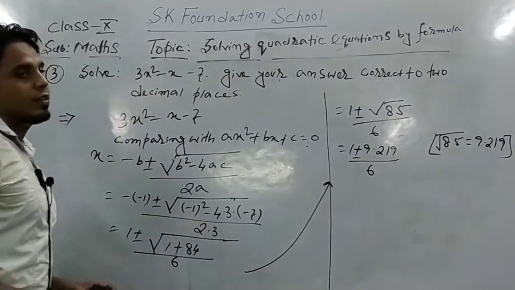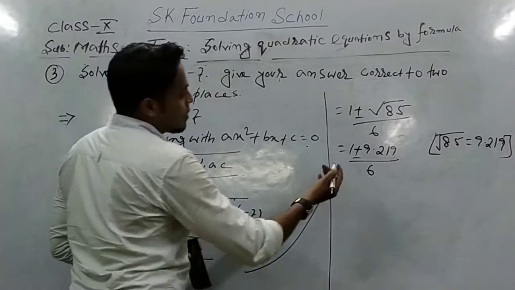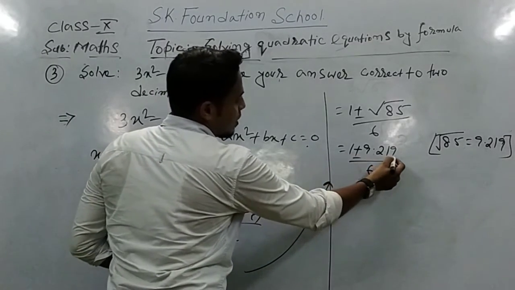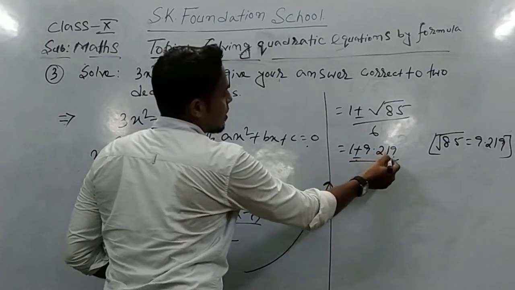We already know that a quadratic equation has two roots. The first is 1 plus 9.219 by 6 and the other is 1 minus 9.219 by 6.